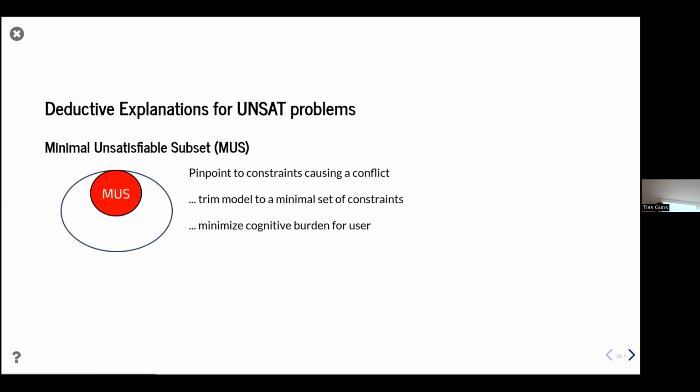That's a set of constraints that are still unsatisfiable together, but you cannot remove any individual element. If you remove any one, it would now be satisfiable. So you really need all of them, and none of them are redundant. If you showed this, there would be a lot fewer constraints for the user or for the planner to look at.